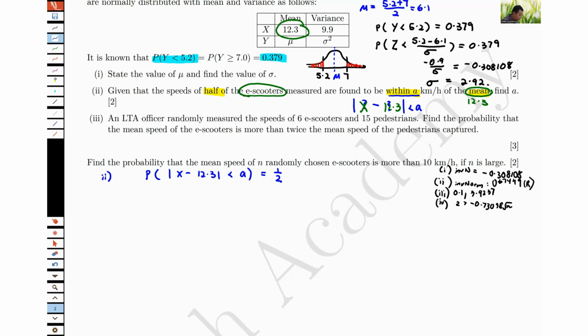I need you to recall that whenever your equation already has X minus mu, the next step naturally should be to change to Z, because from X minus mu to become Z, we just need to divide by sigma. So we will divide by root 9.9, the standard deviation. Doing that will arrive at Z, so you get mod Z.